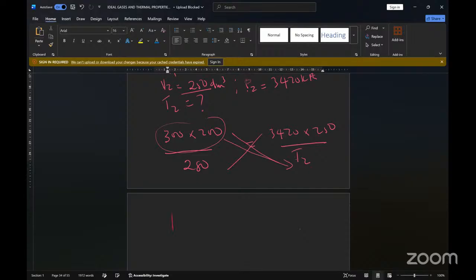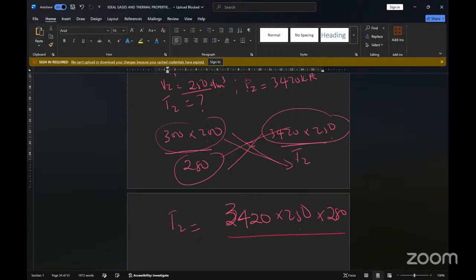So we can say T2 is equal to, okay, we already have this one here. So we'll write 3420 times 250. It's already a numerator here. Now, because we can cross multiply with this, we take this one to join it up there, so times 280, divided by the whole of this one that comes down, 300 times 200.